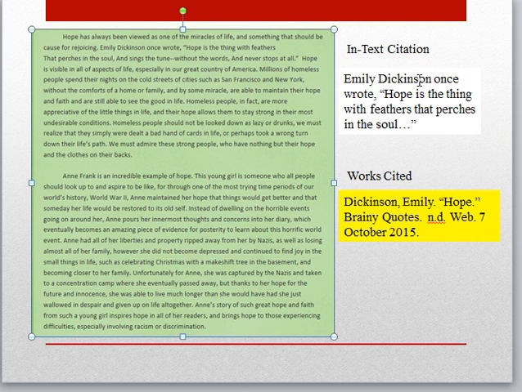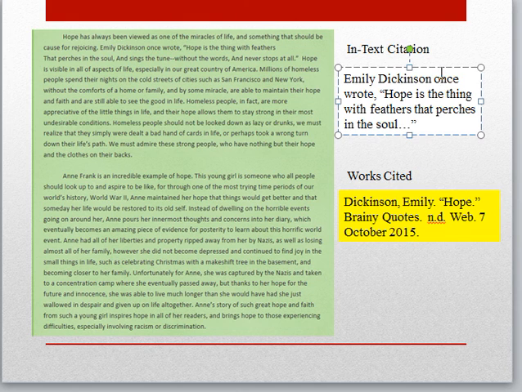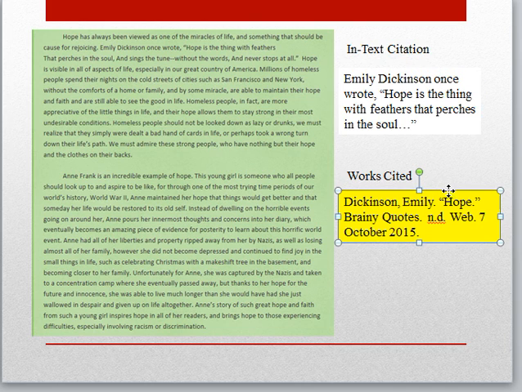So here, this author wrote the source, Emily Dickinson once wrote, with a comma and a quotation mark around the quote. And then if you looked at her works cited page, you could see the full citation. Dickinson, comma, Emily, period. The word hope, in quotation marks. Brainy quotes, no date, web, 7 October 2015. So you could see the in-text quotation, and then you would be able to look at the works cited page and find a corresponding full citation.